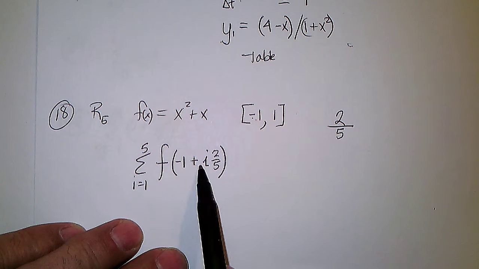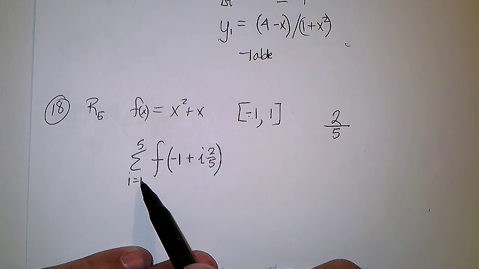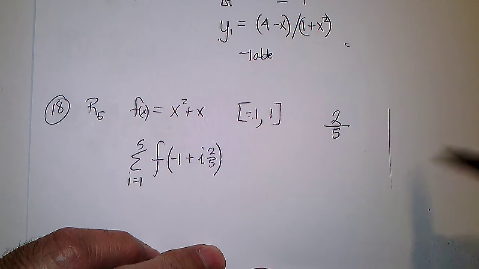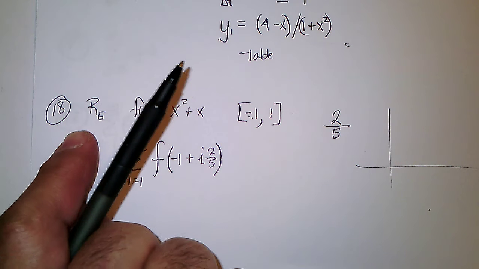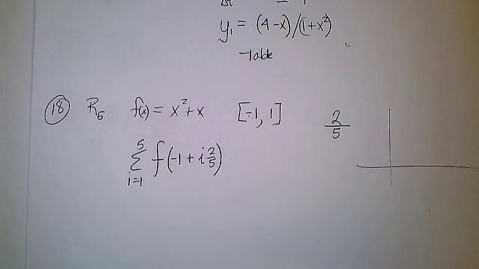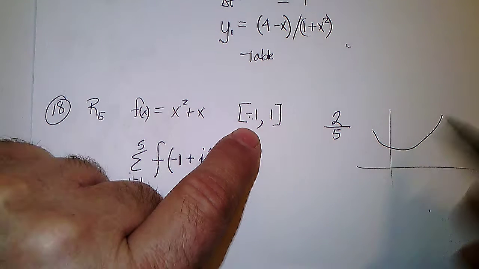So when I is 1, I'm going to be at -1 plus 2/5. That's on the right side of the first one. Then when I put in 2, it's going to be 4/5, the right side of the next one. Let me make sure I got that right. I thought it was 6, but no, it's 5. So wherever this curve is, I have to start at -1.